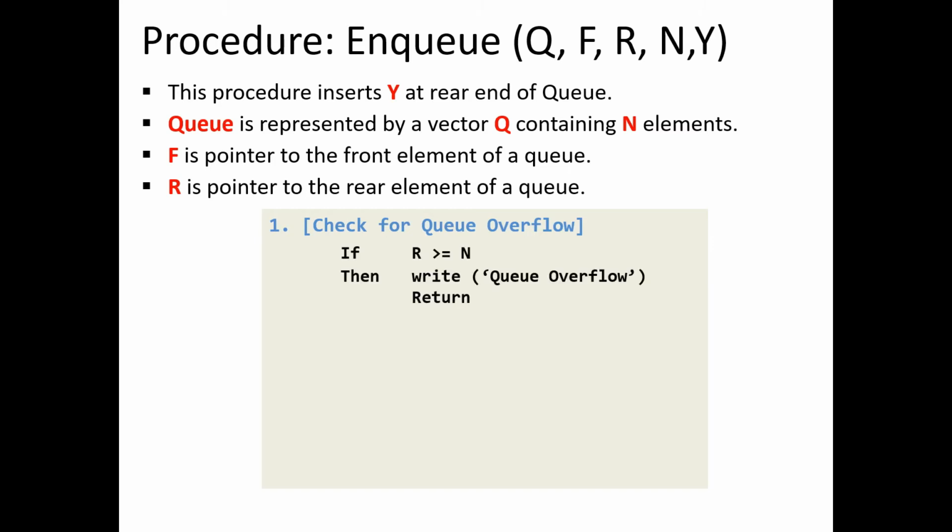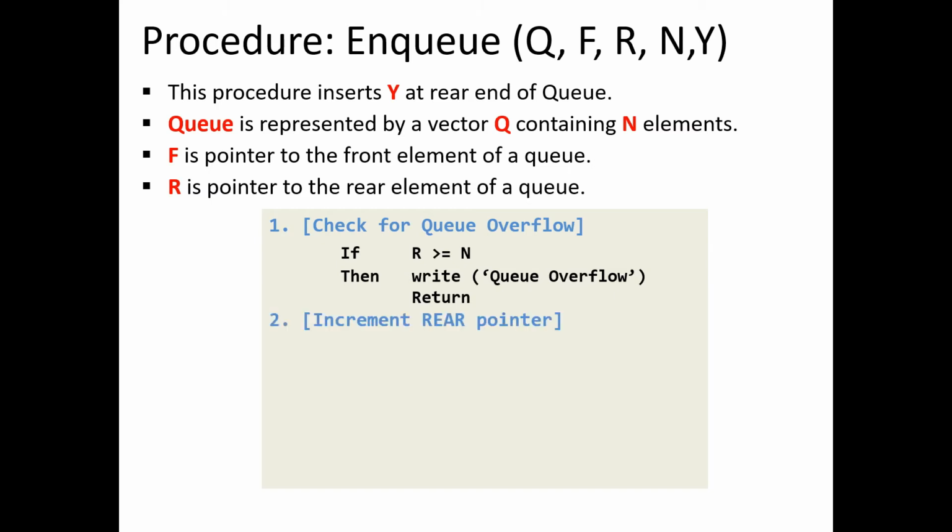For that, if r is greater than or equal to n, where r is our rear pointer and n is the number of elements the queue can contain, that means our queue is full, and if the queue is full, then we cannot insert any element in the queue. So the condition for queue overflow is r greater than or equal to n. Then write queue overflow and return from this step.